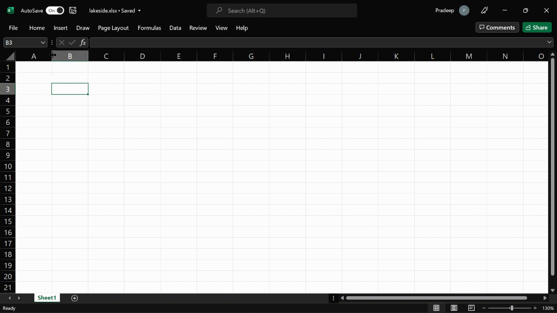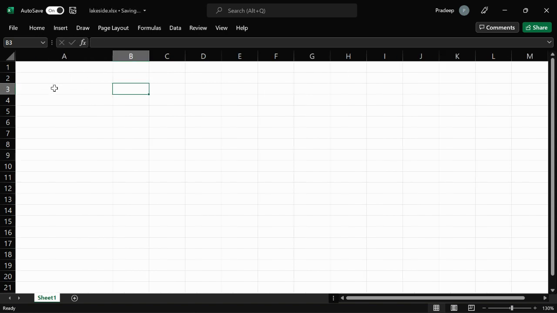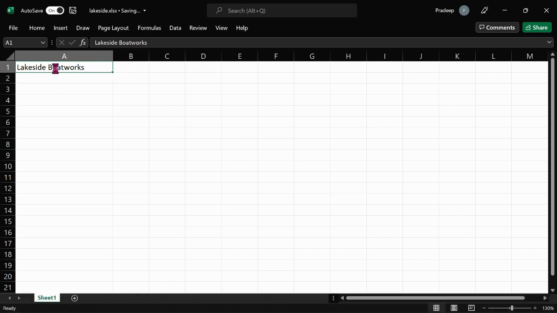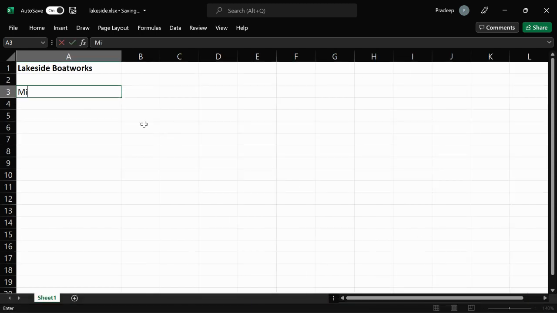Here, I'll start with the title, Lakeside Boatworks. Start with the company name. Let's make it bold. Next, I go for minimize.